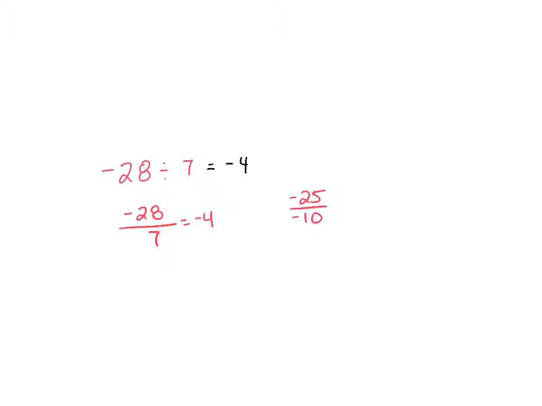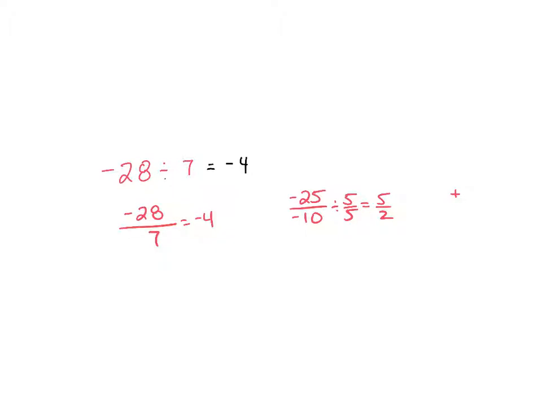I'm not going to worry about the positives and negatives, because I know the final answer has to be a positive, because the signs are the same. So I'm really just going to ignore those negative signs and divide by 5 over 5. And I'm going to get 5 halves for the answer.